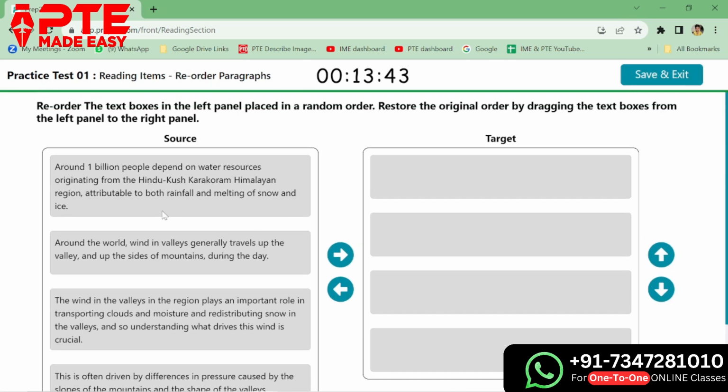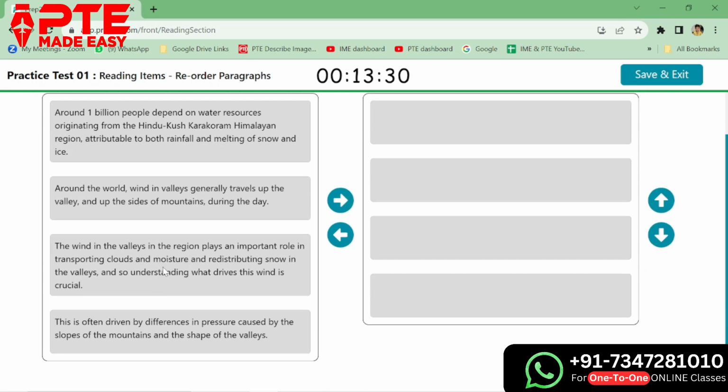Coming to the next one, again reorder. So pick up the pace again. Now here, around 1 billion people depend on water resources. Around the world, wind in valleys generally travel up the valley, up the sides. The wind in the valleys in the region plays an important role. This is the way we usually start. So, do we need to see around 1 billion or this? Let us see.